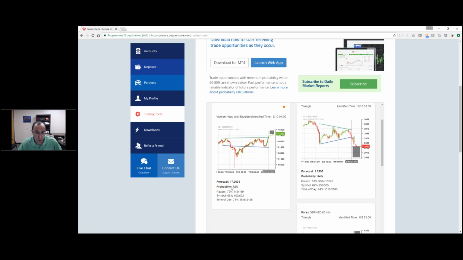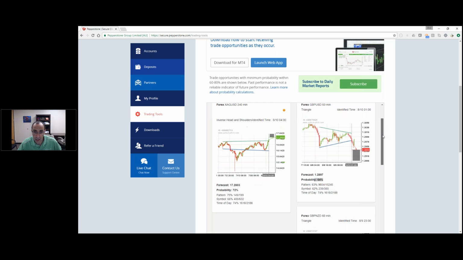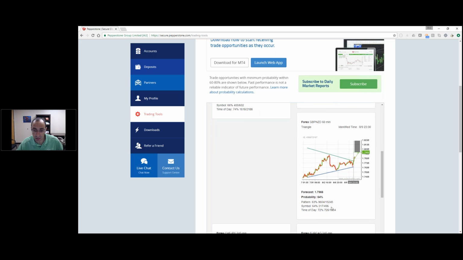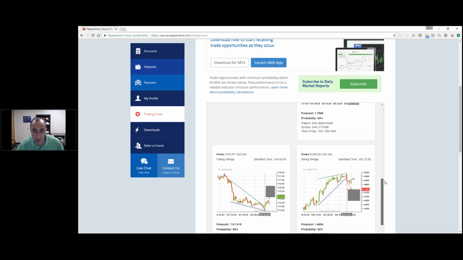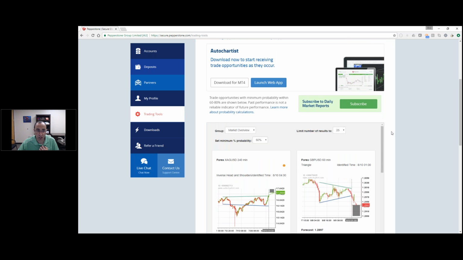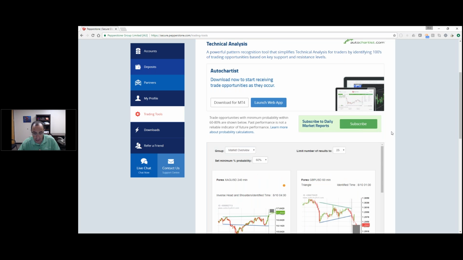This one, in fact, has a 72% probability. This one's a 64% probability on the pound, and one on the pound New Zealand dollar. Again, a 64% probability, and a few more at the bottom. So we will come back to this about how we actually calculate these trading opportunities.